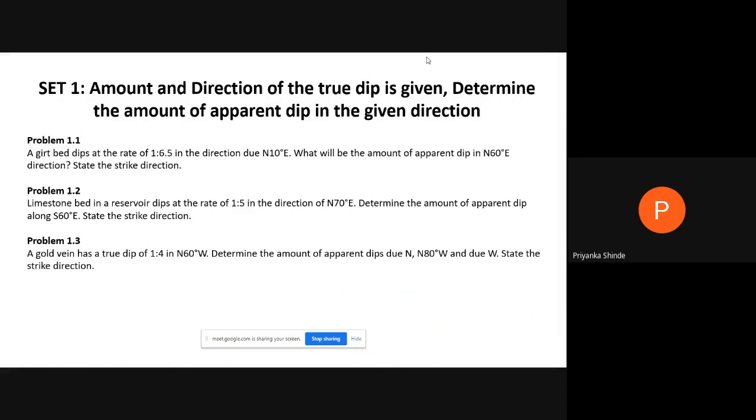Now we will begin with the problems. There are four different sets of problems, so we will see them one by one. Just see what is given in set 1.